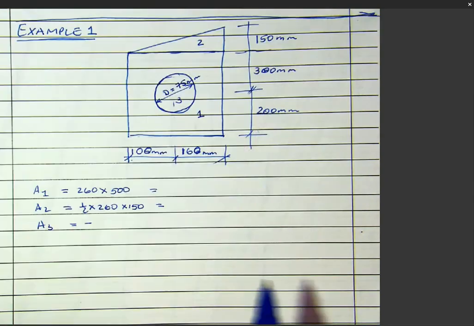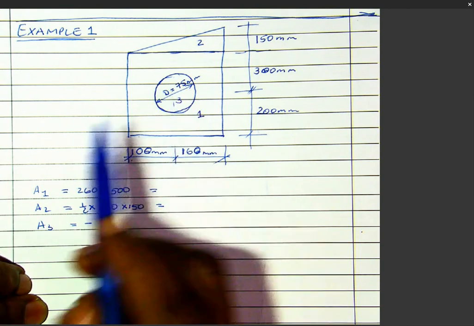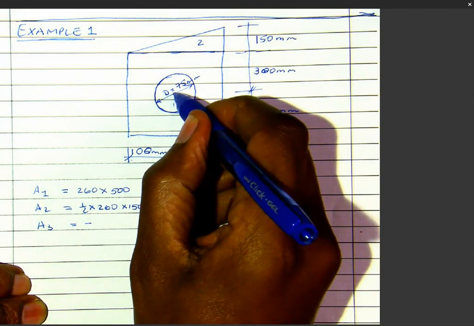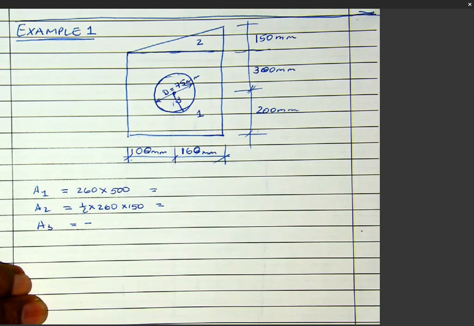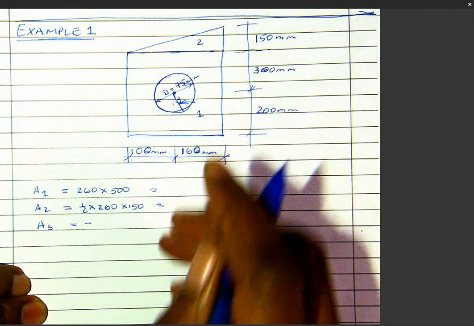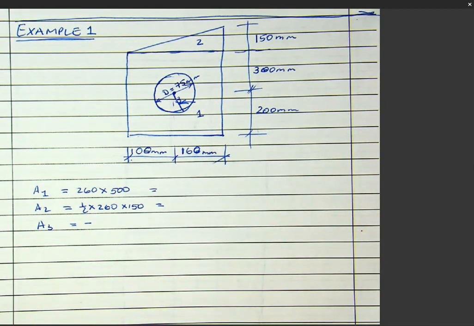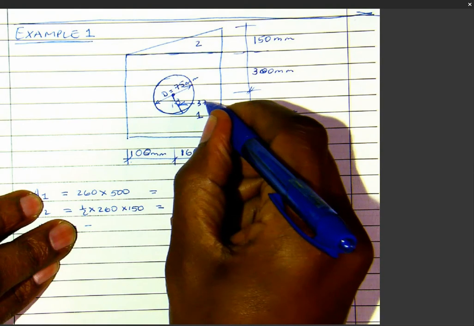There is nothing stopping you from dividing that 75 into radius. The radius is the distance from the center to anywhere on the circumference. It must be from the center. So the radius here is 75 divided by 2, which is 37,5.